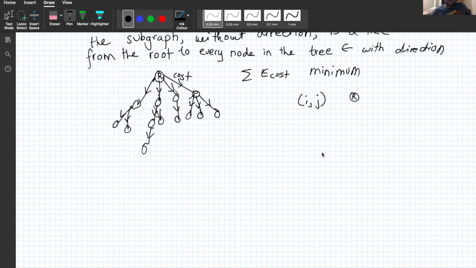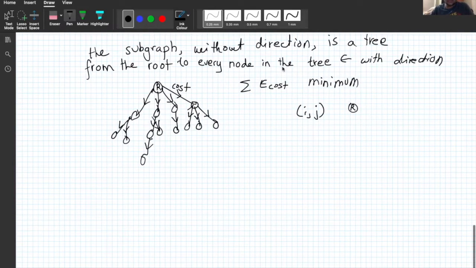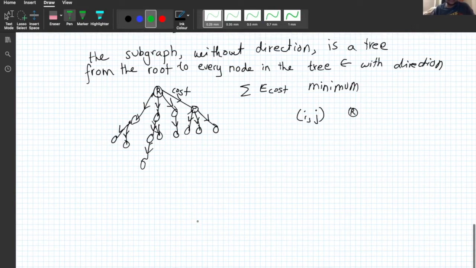And now, remember we said that for all non-terminal nodes which end at ij being terminal, there must be a path consisting of non-terminal nodes ending at ij. So what this basically means is we build a graph out of only these.